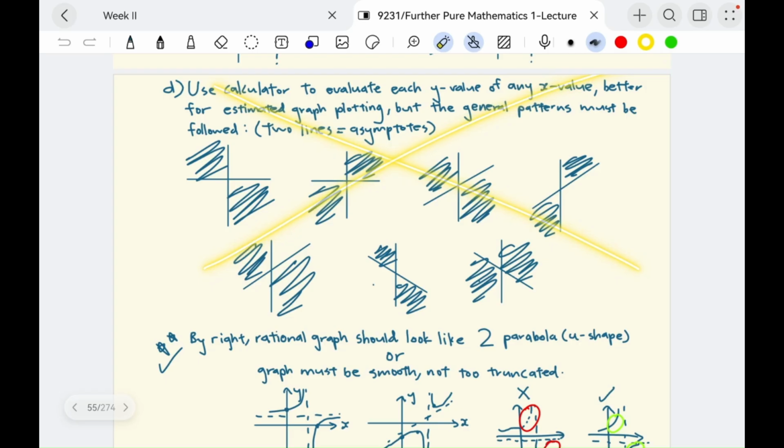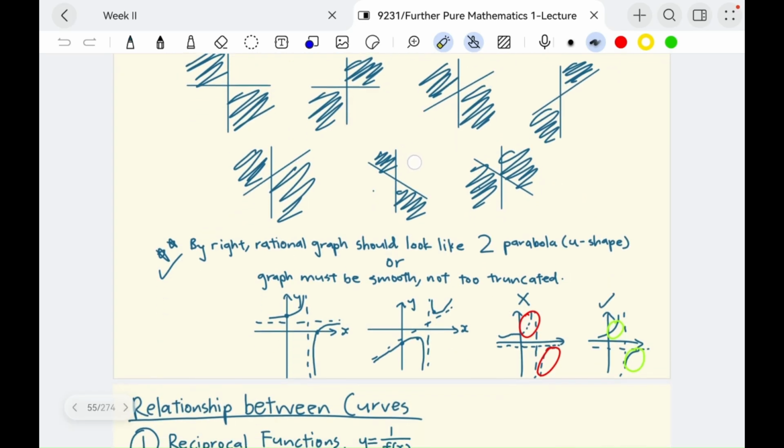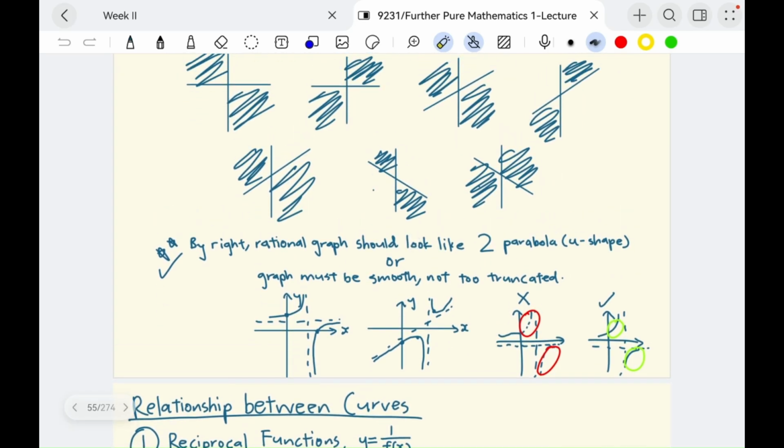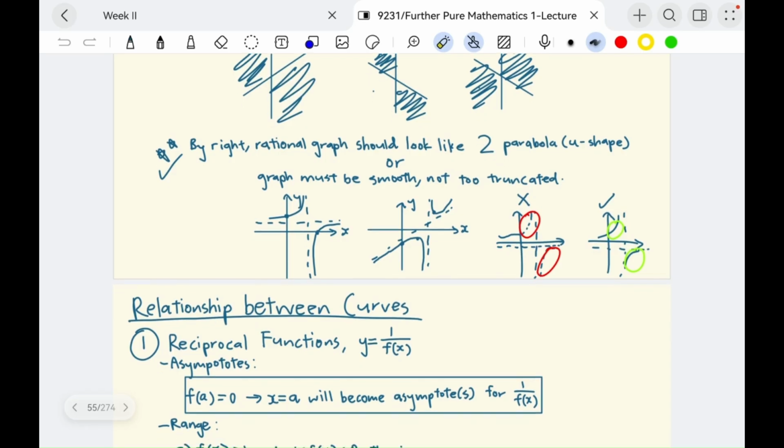This step is optional, okay? But if you feel confident to sketch the graph, please go on and proceed to the graph sketching. But remember, when it comes to graph sketching, your curve must be smooth.